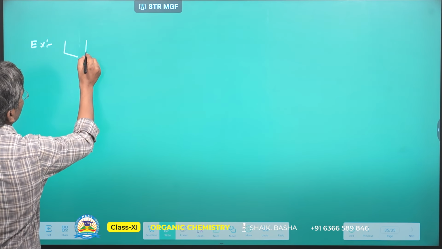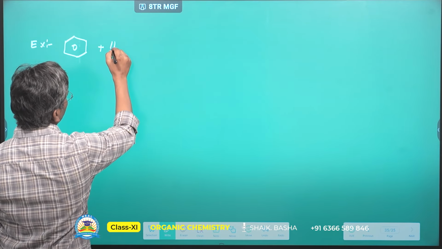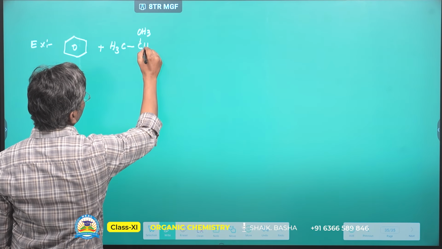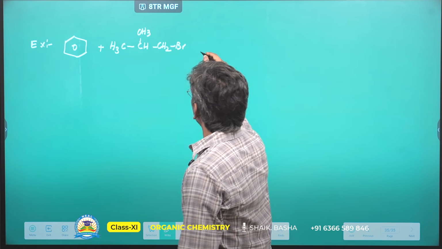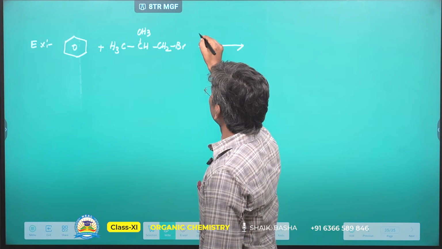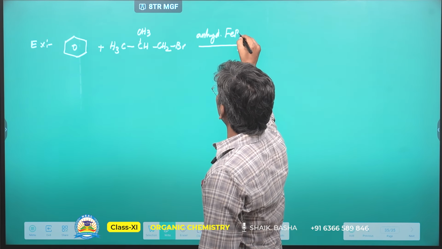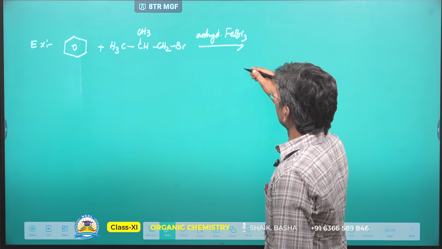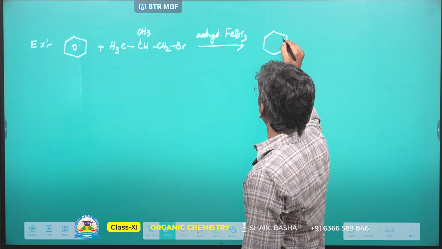Benzene, on treating with isobutyl bromide, on treating with anhydrous Lewis acid, FeBr3, iron, whatever it is, iron also they may give. So what is the product here? Benzene is going to react with whom?